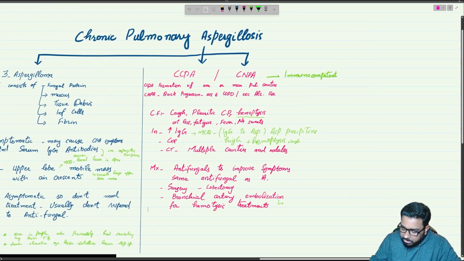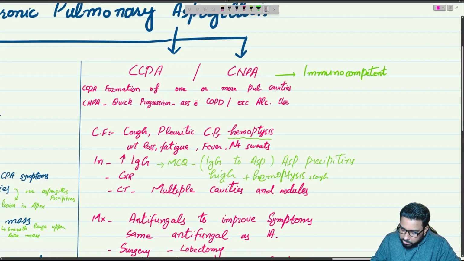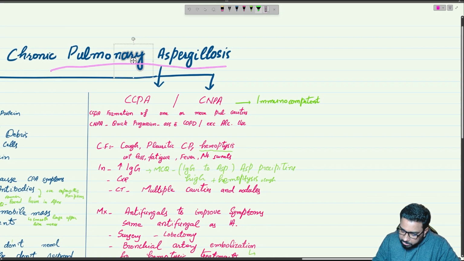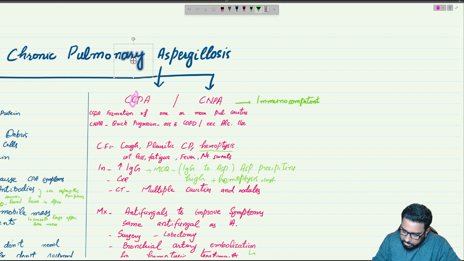So let's come to the last. So this is chronic pulmonary aspergillosis, but this is chronic cavitating pulmonary aspergillosis, and this is chronic necrotizing pulmonary aspergillosis.